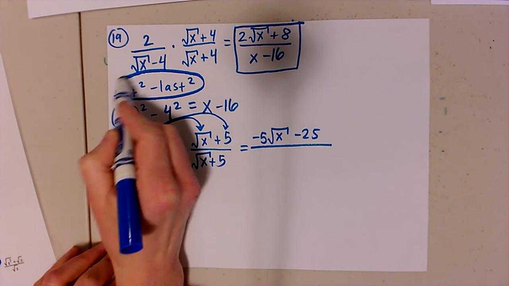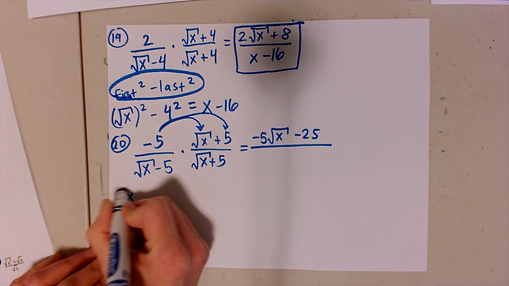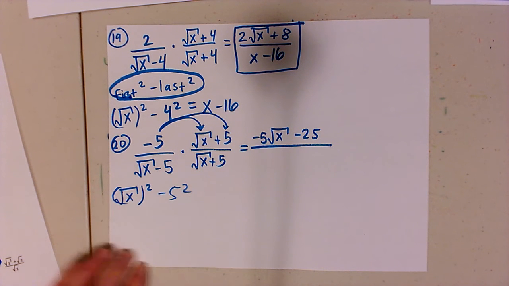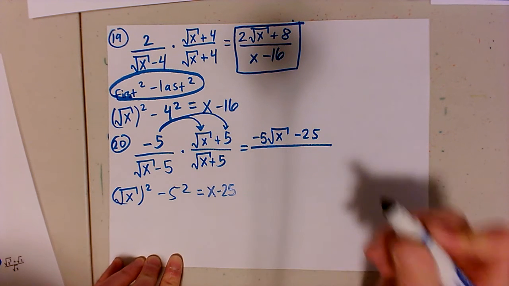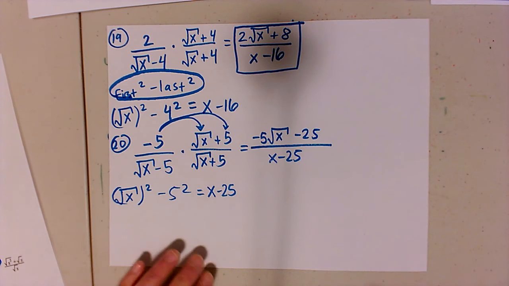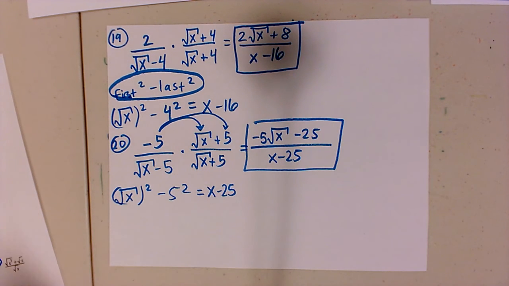We'll do first squared minus last squared again. So I'll do root x, the whole thing squared, minus 5 squared, and that's going to give me x minus 25. So that's my new denominator. That's as nice as you can make it, and that's our answer for number 20.